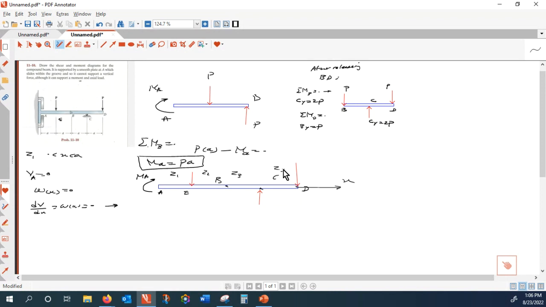So this is zone number 4. Okay, and can you see how we concluded VA is equal to 0? Because A is free to slide, it can't take any shear. VA is 0, right? And in the first zone, because W of X is 0, if you integrate, you find out that VA is equal to VE.